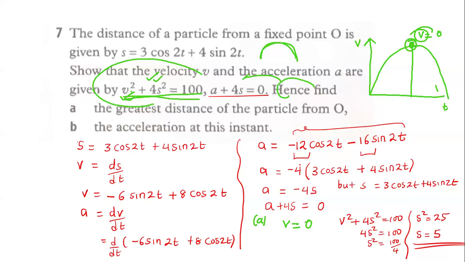Then for the second part, the acceleration at this instant. What is the acceleration? So in other words, in case this is your curve, the distance from here up to here will be 5. So what about the acceleration? Then we come here. We know very well that for part B, acceleration plus 4s is equal to 0. So where there is s, put 5 and find what your acceleration is.